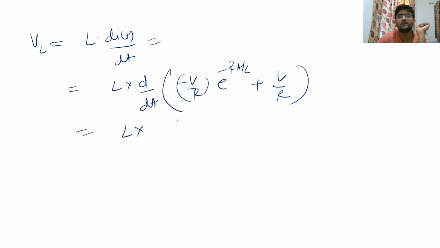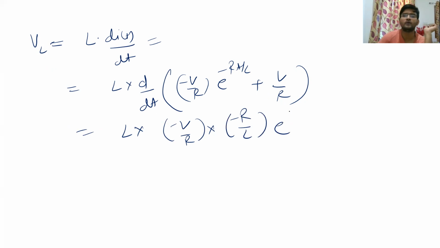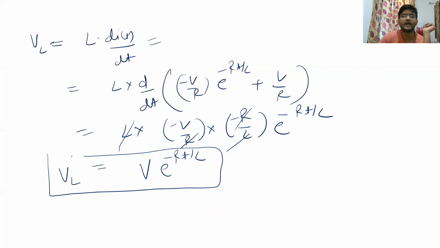So you will get L into minus V by R into minus R by L e to the power minus Rt by L. From here, L will cancel out, R will cancel out, and minus minus will become positive. So you will get VL equal to V e to the power minus Rt by L. So you get a very simple exponential equation which starts from V and exponentially decreases to 0.